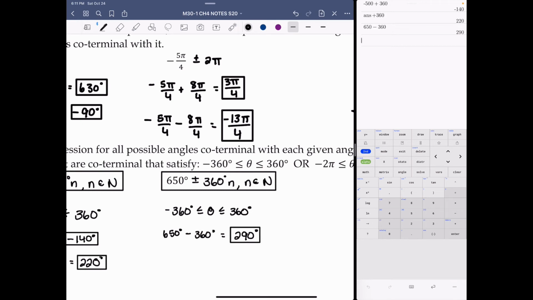Then if we subtract 360 again, we get a negative. It's negative 70, so 650 degrees minus 360 degrees times 2 gives us negative 70 degrees, which is greater than negative 360 degrees and smaller than positive 360 degrees.